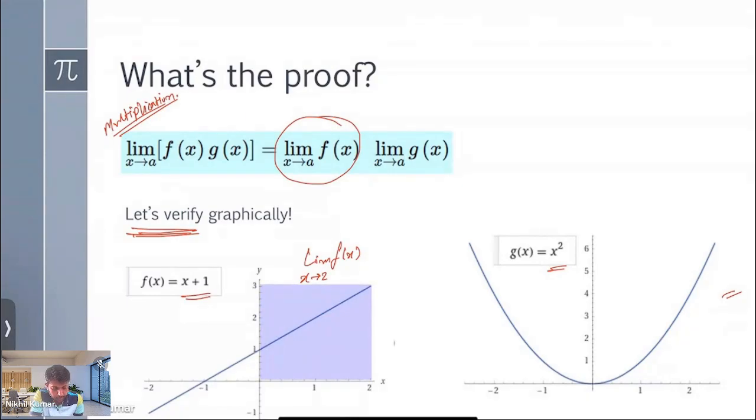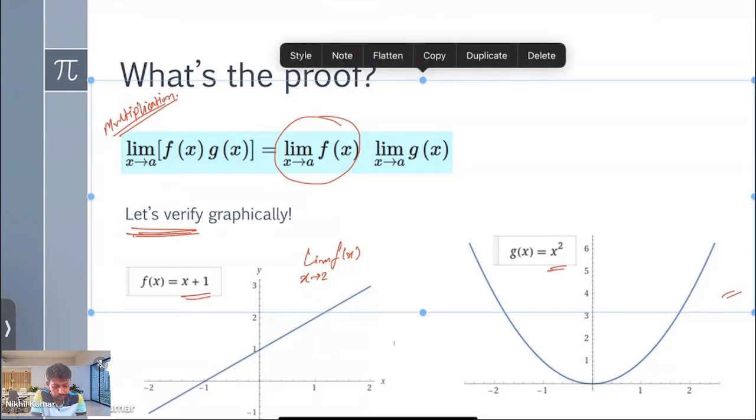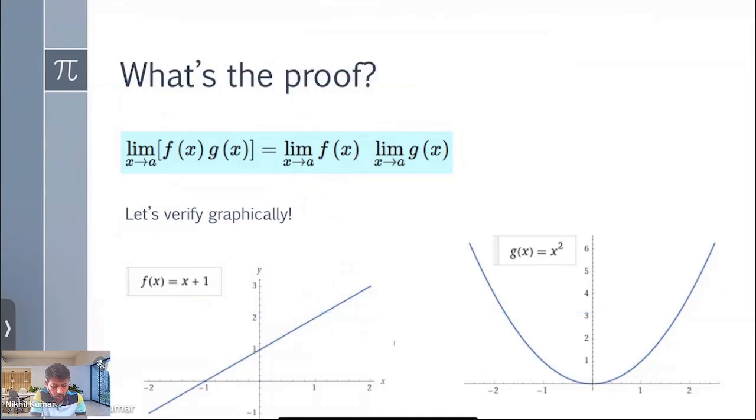When x approaches 2, the value of f of x approaches 3, the number 3. So that's our limit.